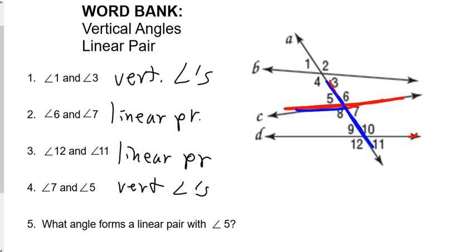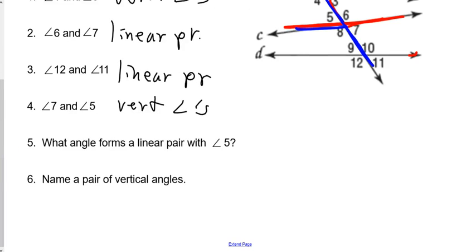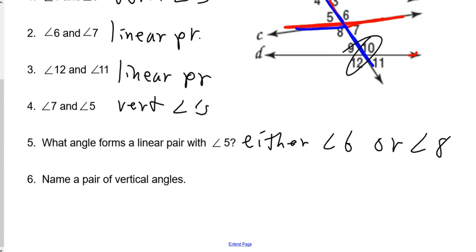So I have two choices there. Either angle 6 or angle 8. They both form a line with 5. Name a pair of vertical angles. Any of the ones we haven't done yet. How about, I'm looking at them right here, 10 and 12. Angle 10 and angle 12. That's supposed to be an angle symbol there. There you go.